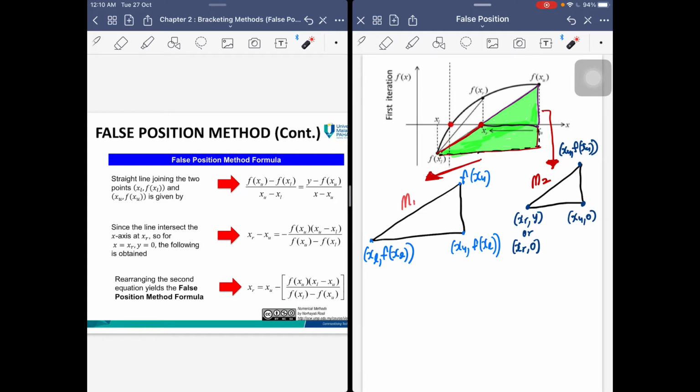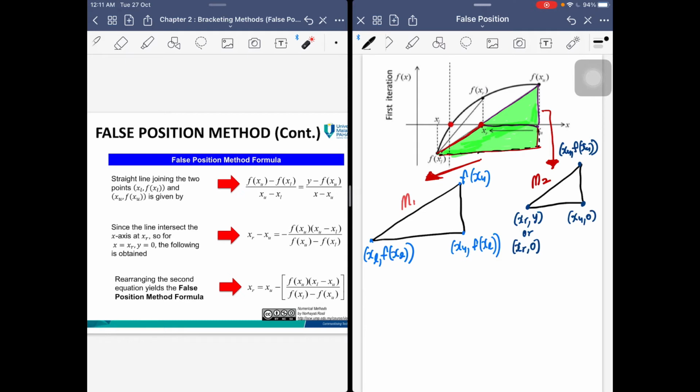So I can share with you how we get the formula for the false position method. From the bigger triangle and the smaller triangle, both share the same slope.